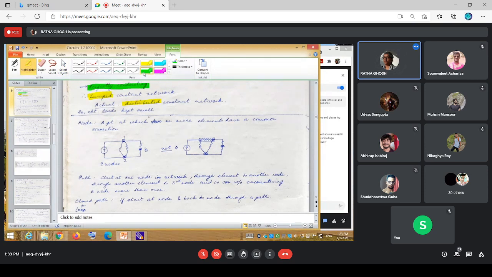So since that is the approximation, this is still node 1 itself. This does not count. This wire is considered to be perfectly conducting. So whether this point or this point, it is actually the same point. Hence, it is the same node.